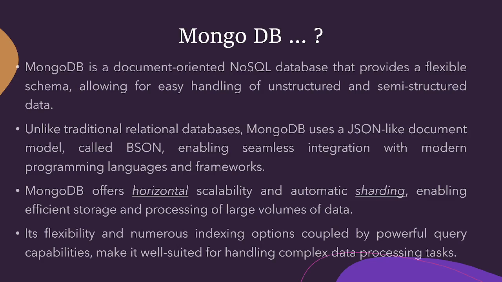Unlike traditional relational databases, MongoDB uses a JSON-like document model called BSON, Binary JSON. This enables seamless integration with modern programming languages and frameworks. When you look at the structure of a BSON document, a MongoDB document, it looks like JSON.